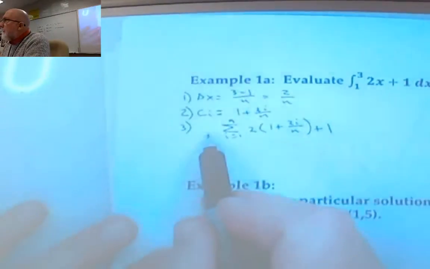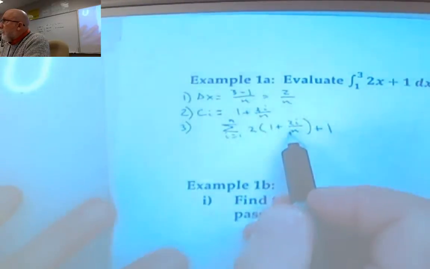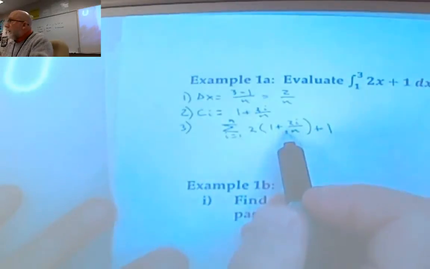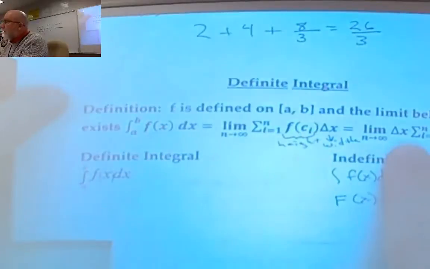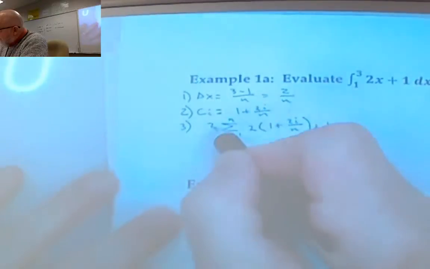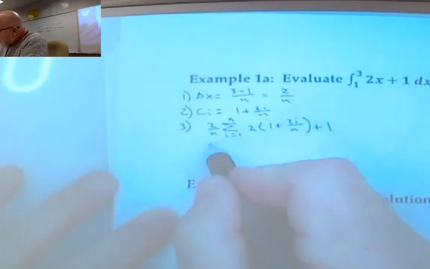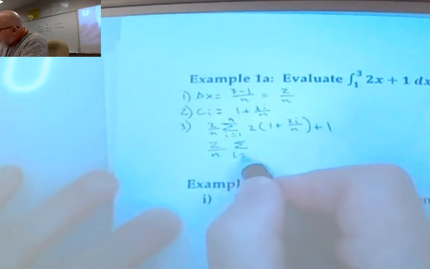Anything out here? This is the height, correct? I need a width, correct? I'm going to give you a hint. If I look at this front page, is this helpful? Okay, so what goes in front here? 2 over n. Okay, so I have 2 over n summation i equals 1 to n.